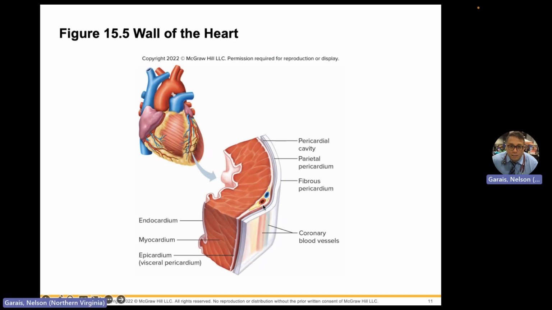But again, that's the next layer. So it goes fibrous pericardium, parietal pericardium. You have your pericardial or serous cavity, and then, of course, your visceral pericardium, which is continuous with your epicardium. The thickest layer is the layer of cardiac muscle, which is your myocardium, and everything on the inside is your endocardium.